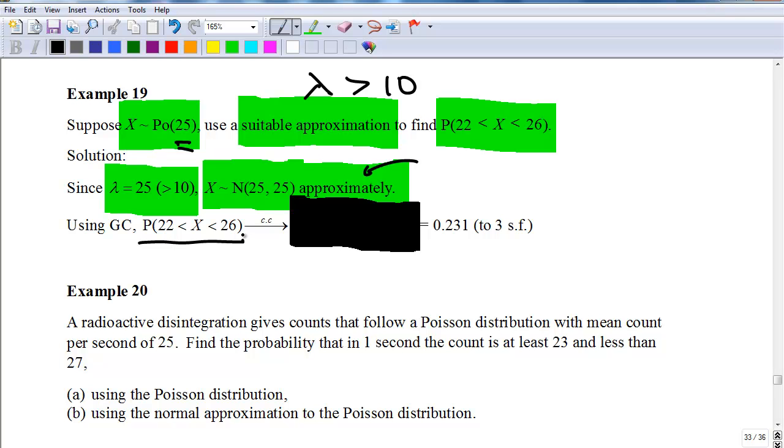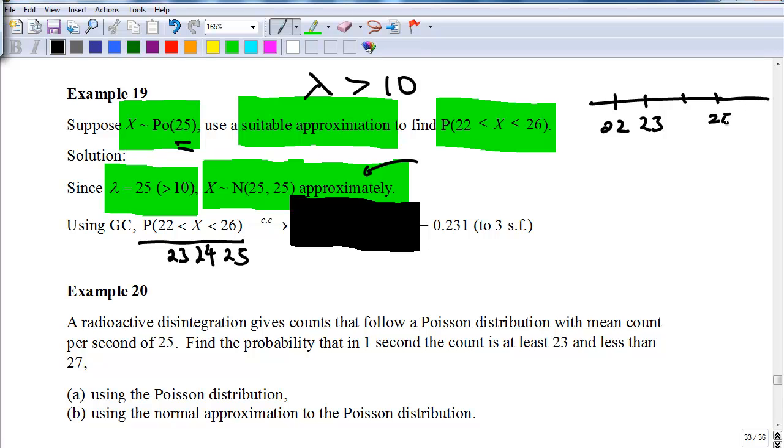So 22, if you need to, you can draw a number line. I need to include 23 and not 22. The first number here is 23 and the last number here is 25. So actually there are only 3 numbers there from 22 to 26: 23, 24, 25.